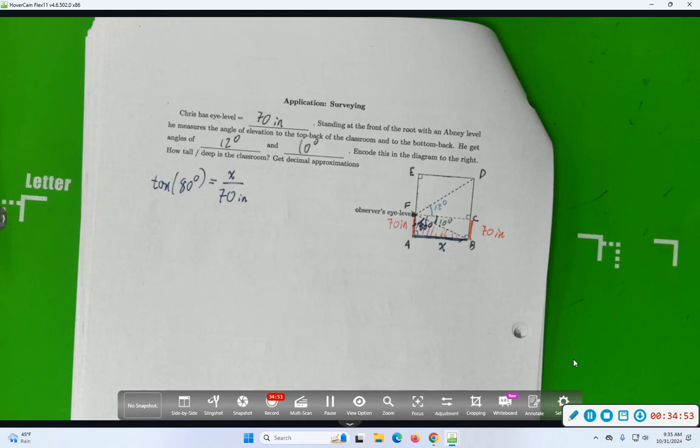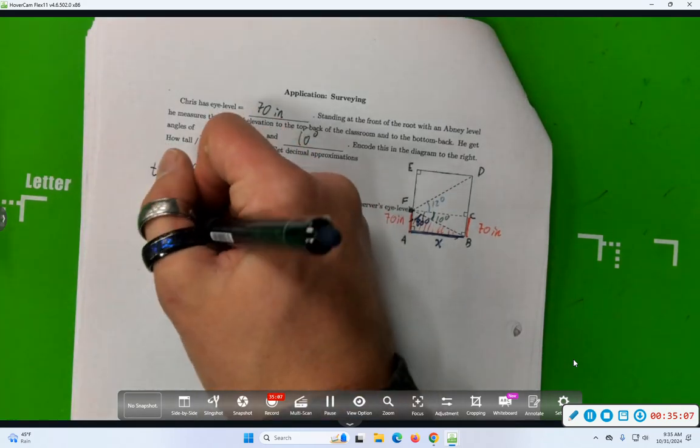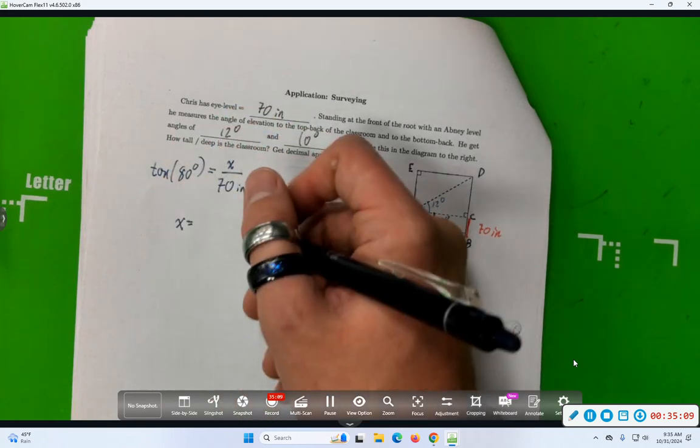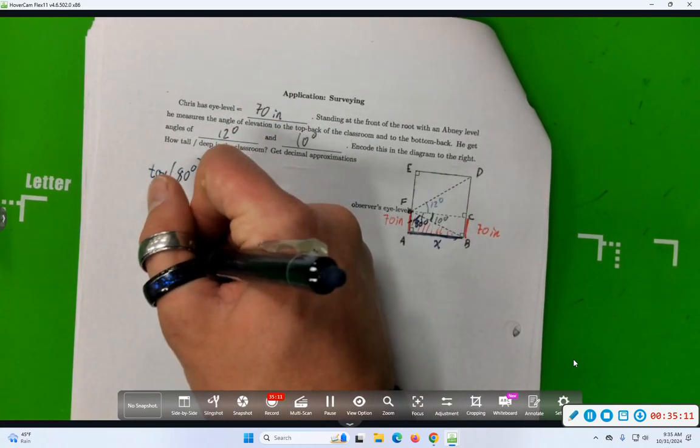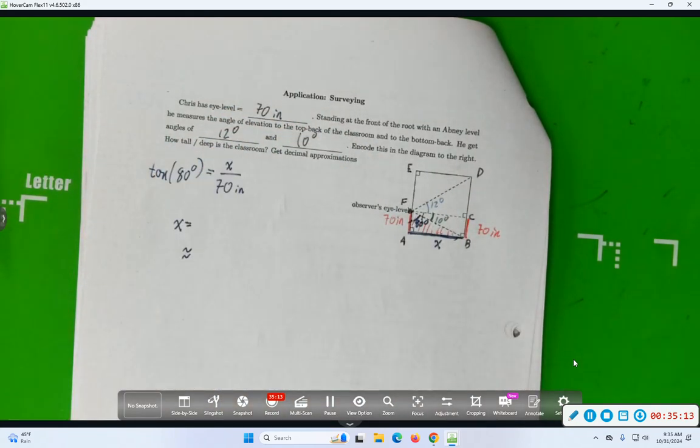That looks like something you can solve for x. I think so. Go ahead and solve that, folks. If you've got a calculator, I think decimal approximations are not unwelcome. Oh, yeah. So make sure you're in degree mode.